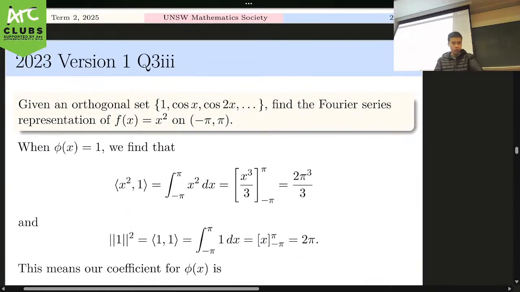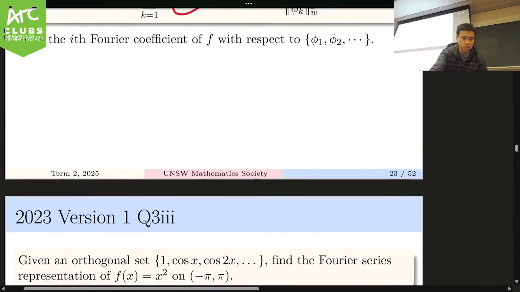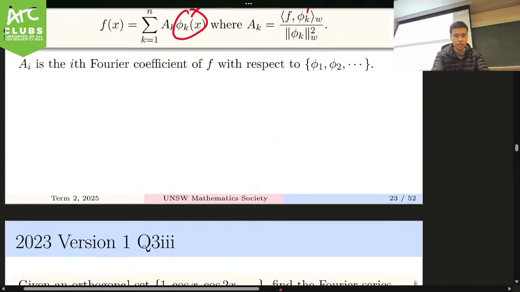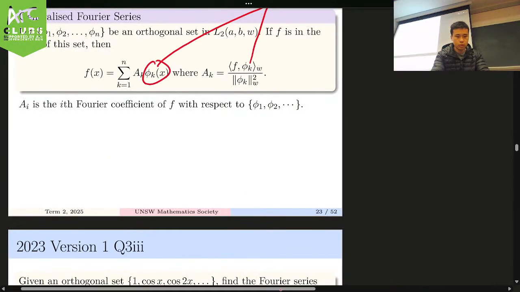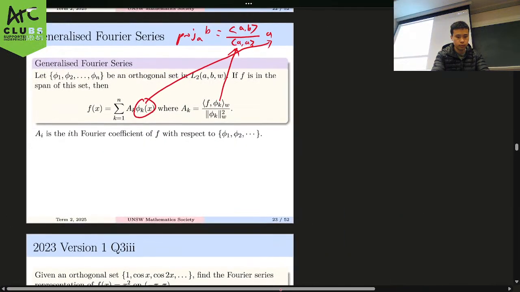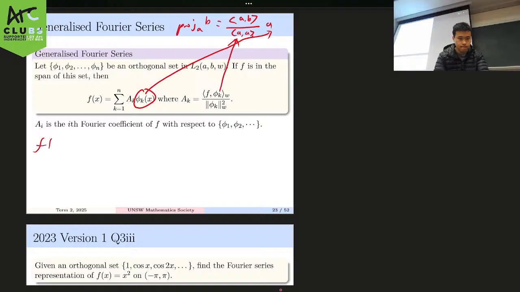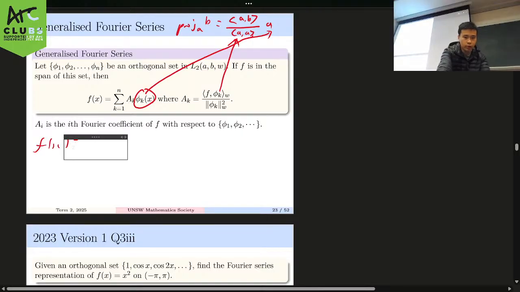Okay, so given this orthogonal set, find the series representation of f of x equals x squared on negative pi to pi. So remember, we're just using that definition, the one up there. Yeah, okay. Try to do it here. Well, I didn't even rewrite it.